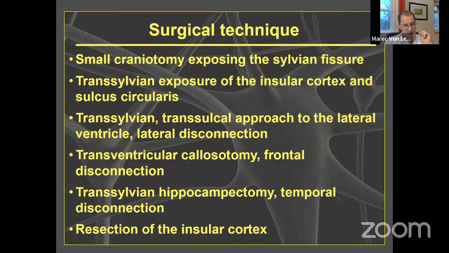Something very special is a frontal disconnection, where you don't have landmarks like a ventricle. This is challenging, but at the end you can disconnect in all these steps. There are two steps of resection with the hippocampectomy and the disconnection of the temporal lobe, and you have to resect the insular cortex, of course, because we might have seizure onset from this area.